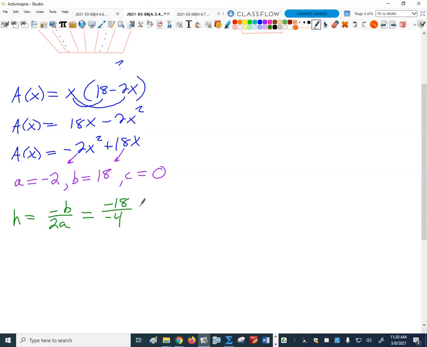Negative over negative is positive. And if I divide 18 by 4, I'm just going to get 4.5, right? That reduces to 9/2. We'll just write it as a decimal. That's 4.5, my value of h, right?